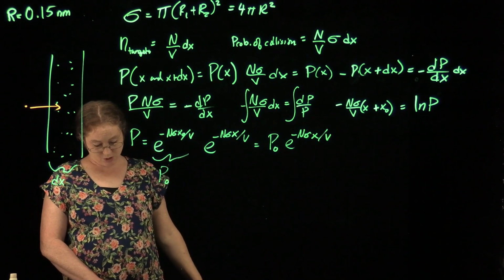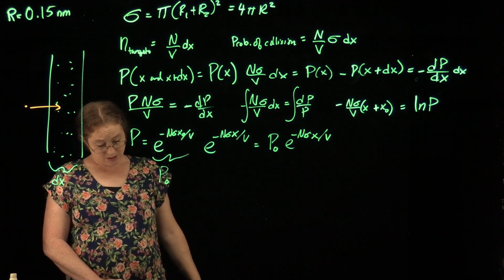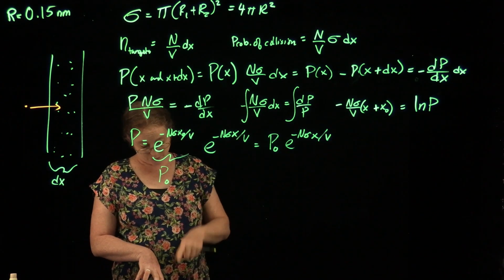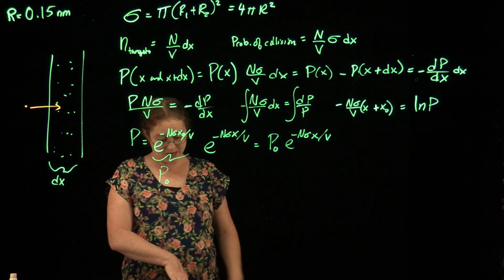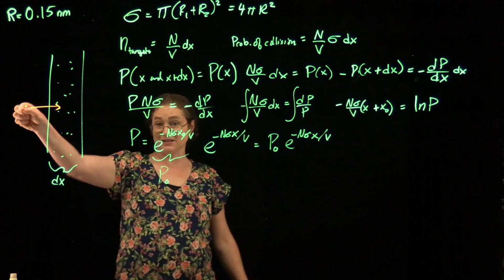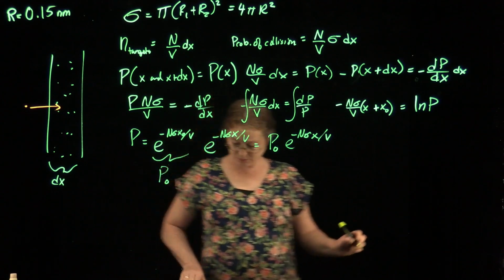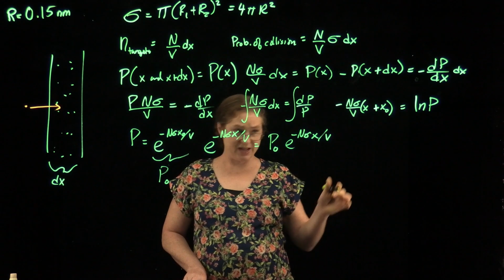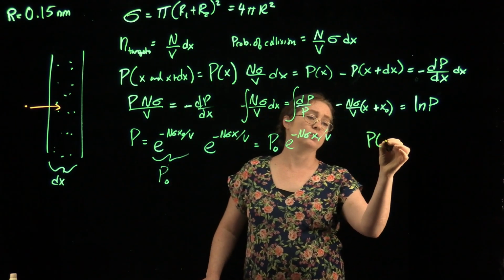And then I want the probability that I did not interact yet at x equals 0 to be 1.